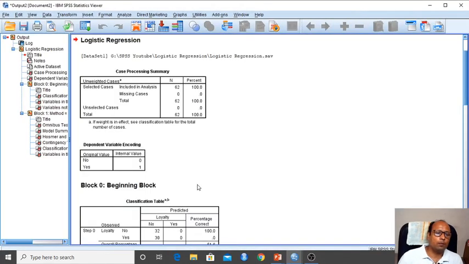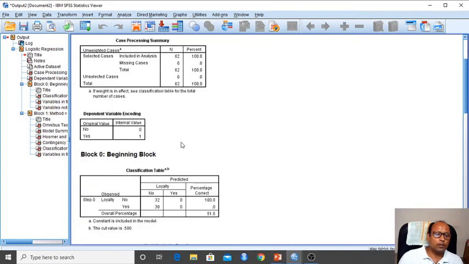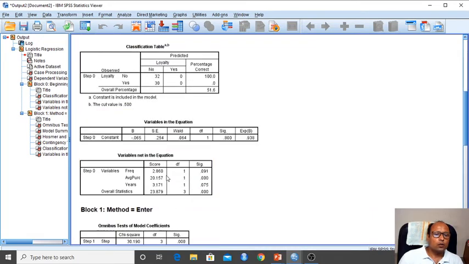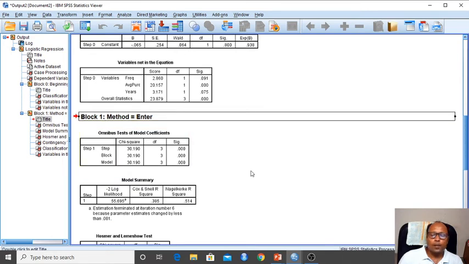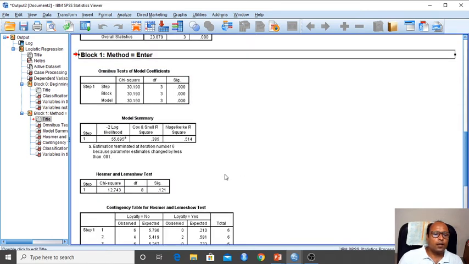Now this is the outcome available to us. By default the software gives you a lot of tables. We'll focus only on those tables which are more important for us. So we'll straight away go to Block 1. In Block 1 method, first you need to check this model summary. This is similar to your regression analysis.